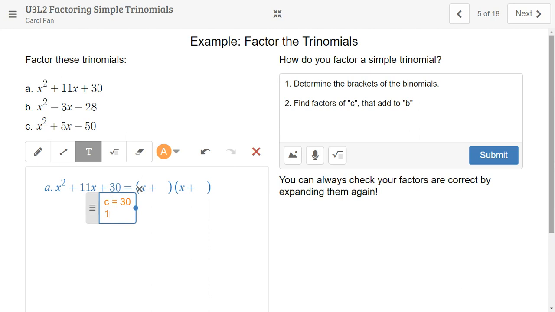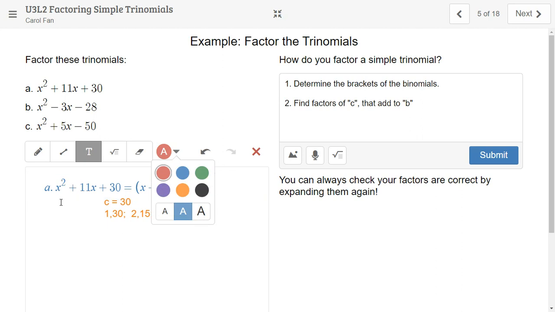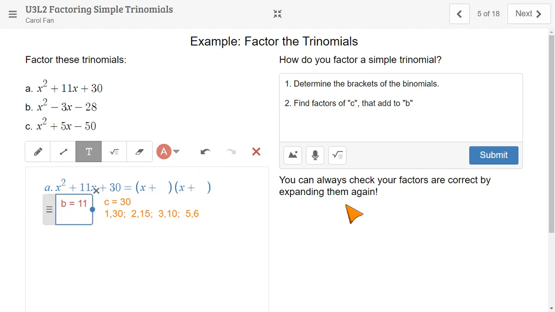So my options: 1 times 30, 2 and 15, 3 and 10, 5 and 6. Out of these four pairs, which pair will add up to b? b is equal to 11.